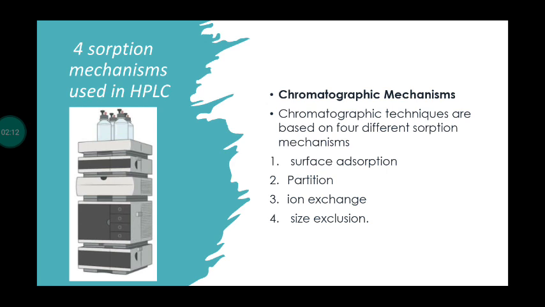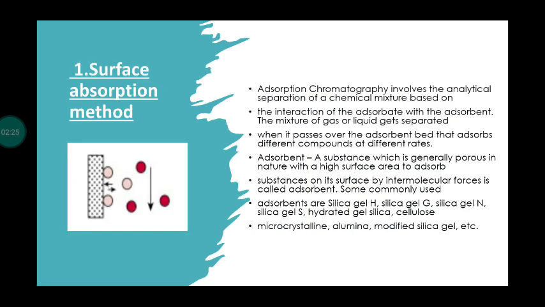Chromatographic mechanism. Chromatographic techniques are based on four different sorption mechanisms, that are surface adsorption, partition, ion exchange and size exclusion. Surface adsorption method. The separation is based on the interaction of the adsorbate with the adsorbent. The adsorbent is the surface and adsorbate is the molecule of interest which is getting adsorbed on the adsorbent.